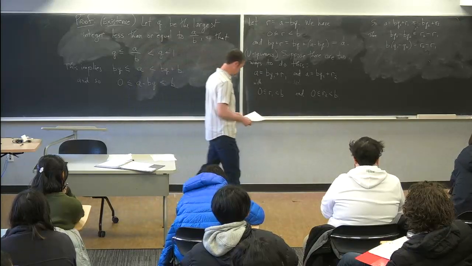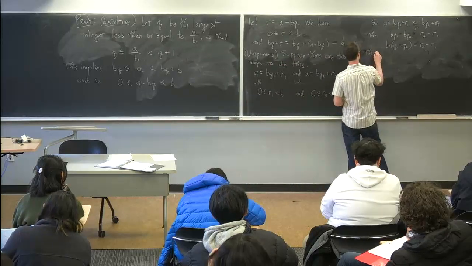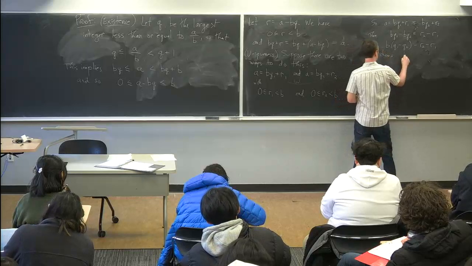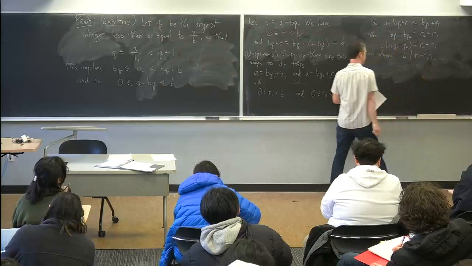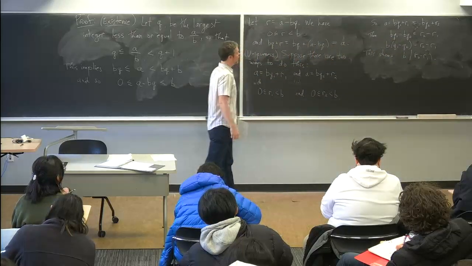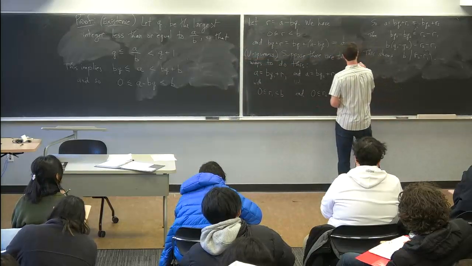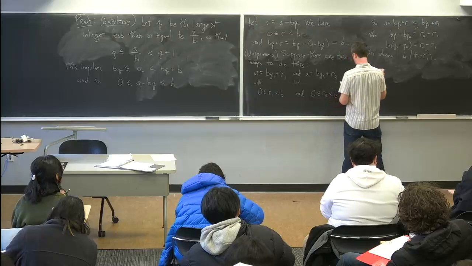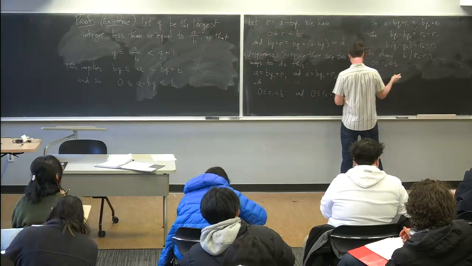So this shows that b divides the difference of remainders, first of all. The difference of remainders is a multiple of b. However, what's true, let's write it this way. We know this is true.